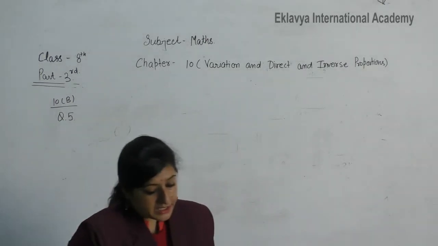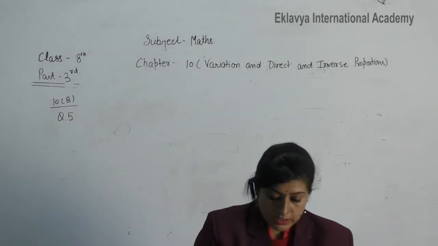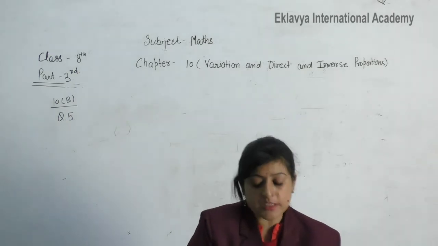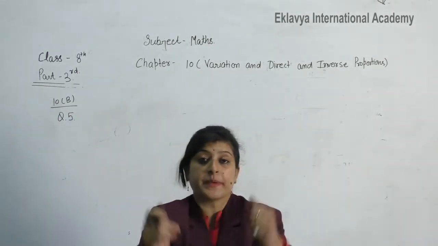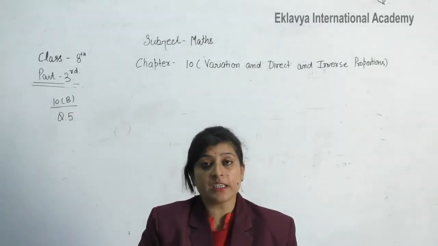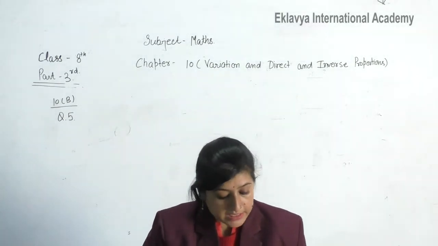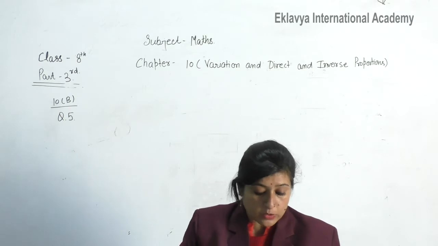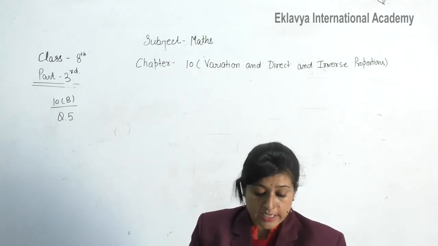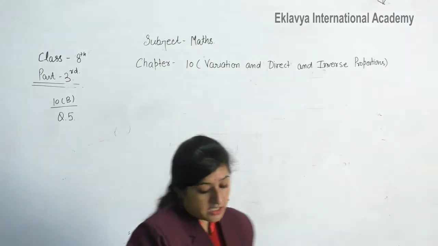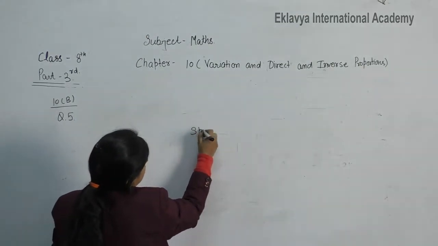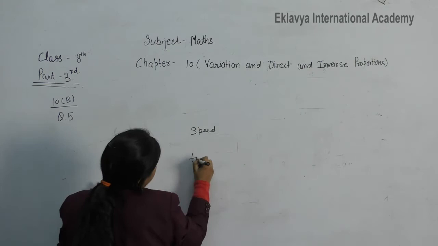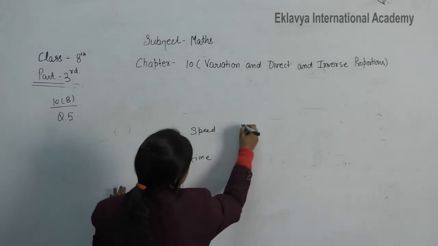The time needed to travel from one place to another is inversely proportional to the speed. Obviously, if speed is less, time taken is more, or if speed is high, time is less. A person traveling 72 km per hour can go from Dehradun to Lucknow in 10 hours. That is speed and time given to you.